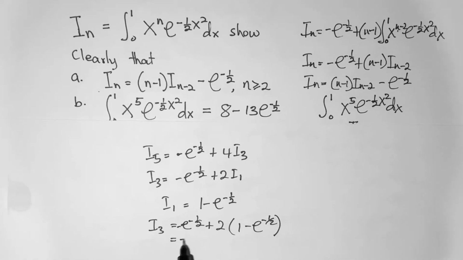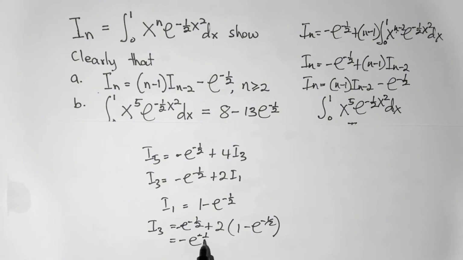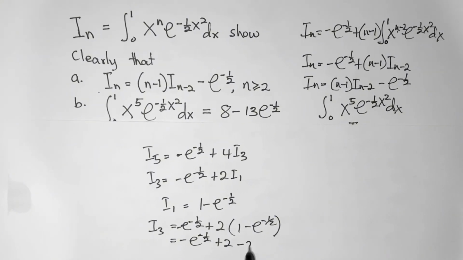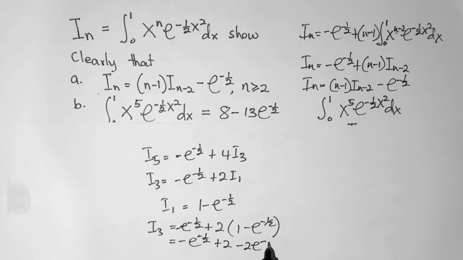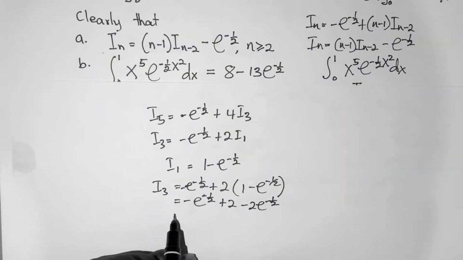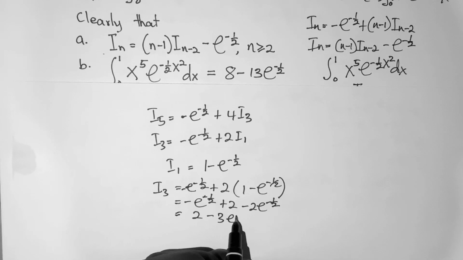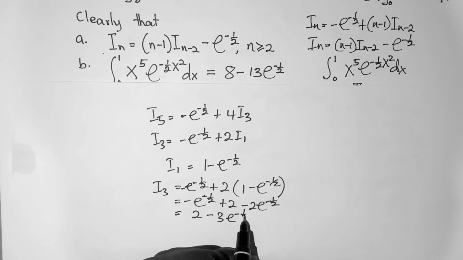So this becomes minus exponent minus 1 over 2, and then plus 2 minus 2 exponent minus 1 over 2. So this becomes 2 minus 3 exponent minus 1 over 2.